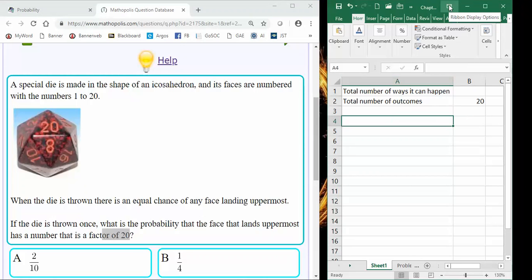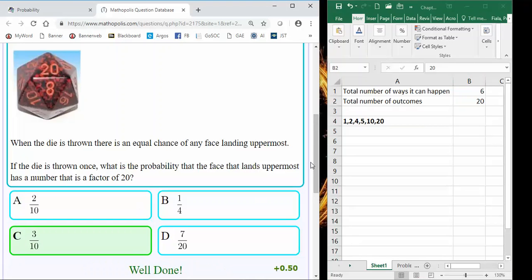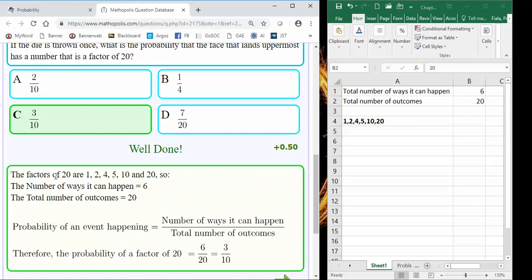So factors of 20: 1, 2, 4, 5, 10, 20. 1, 2, 3, 4, 5, 6. So I would say 6 divided by 20, which is 3/10.